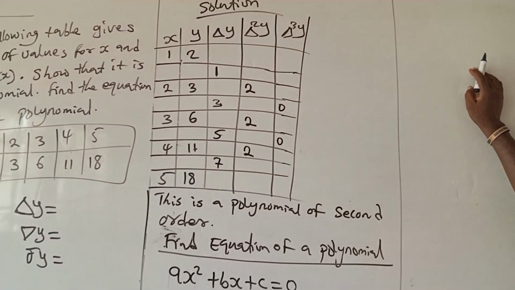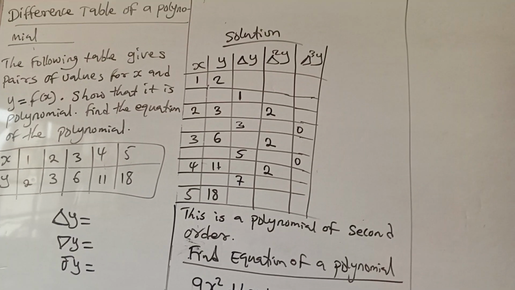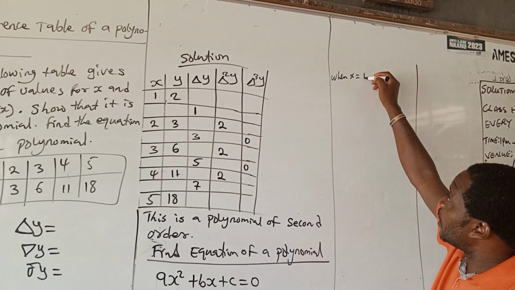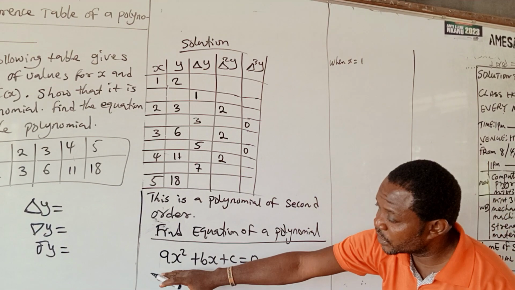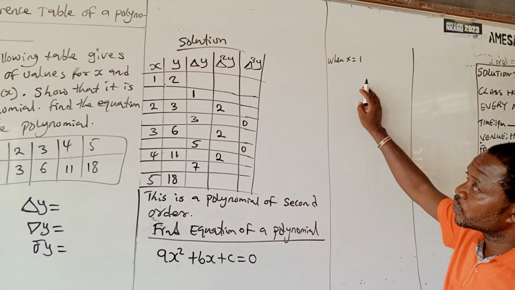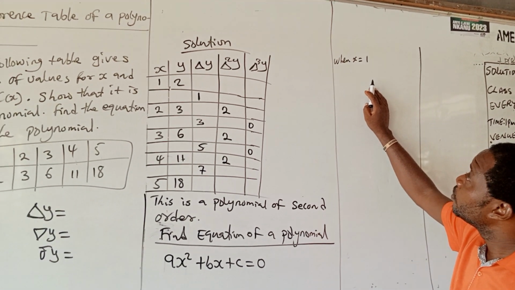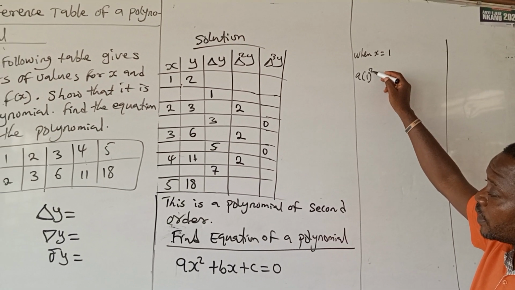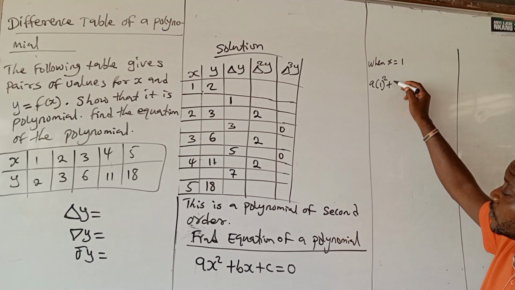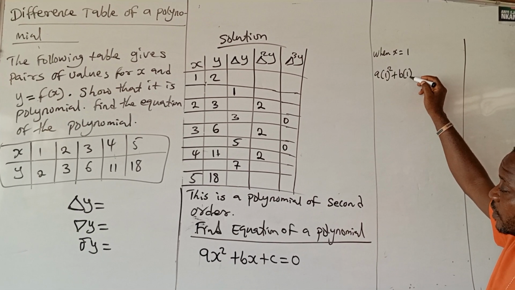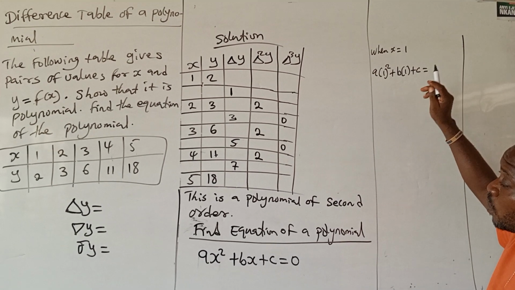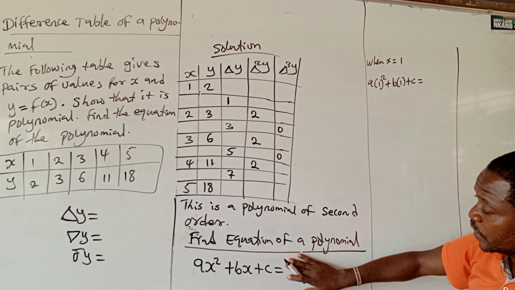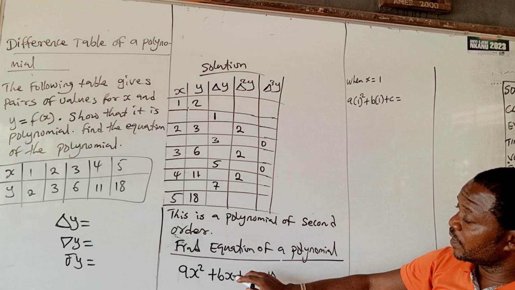So what you are going to do, you will say when s is 1, for example, any place you see s here, put 1. So it's going to give you a into 1 squared plus b into 1 plus c will be equal to, you first of all change this to 1 because we are linking it to 1.